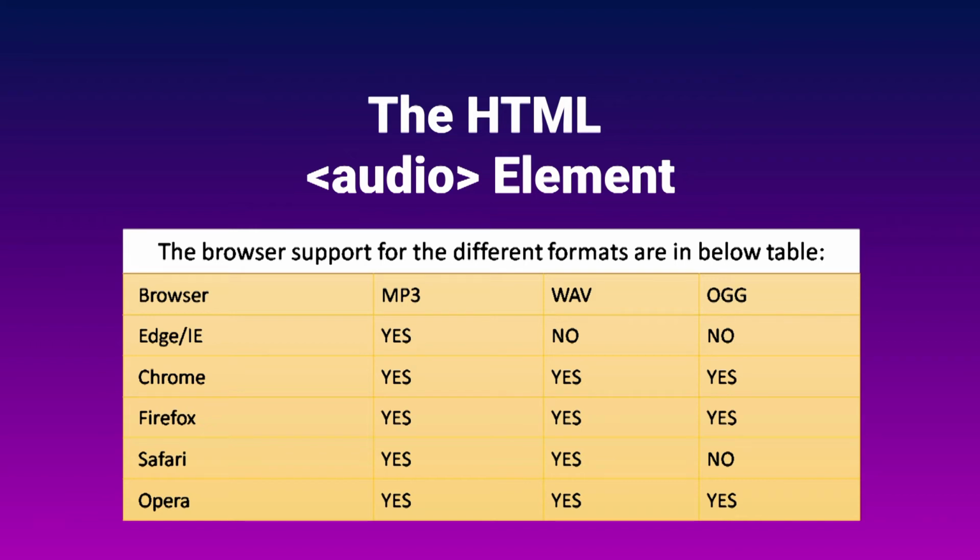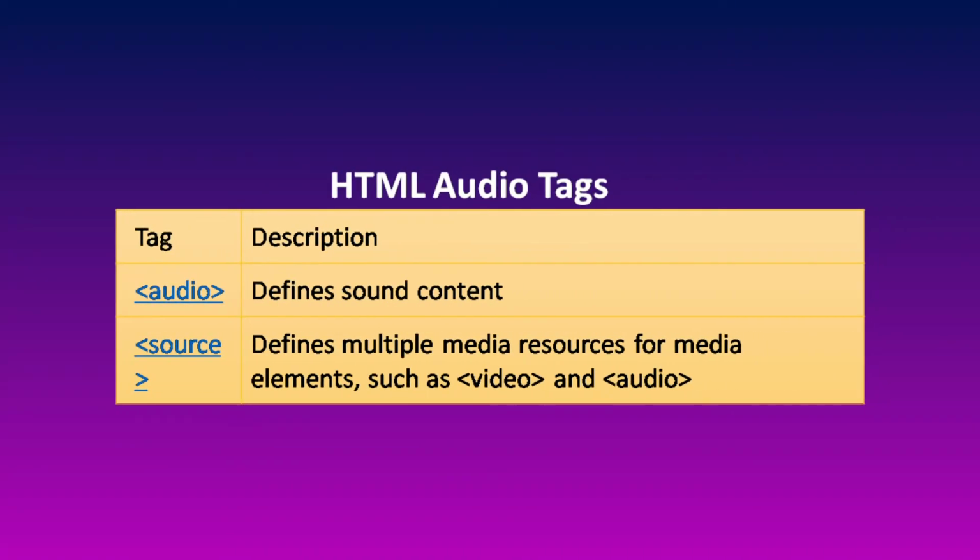Firefox also supports all. Safari supports only MP3 and WAV, but not the OGG file. Opera, yes, it supports all 3 files. We have also seen the media types. Now what are the audio methods and properties? It's just audio and source, similar to our video file formats.